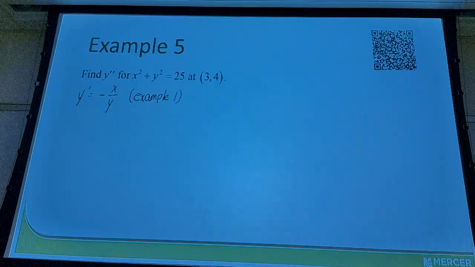That was example 1. y double prime. What is the definition of y double prime? The derivative of y prime. Just d dx of y prime, right?